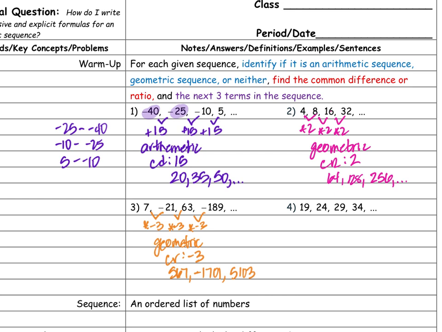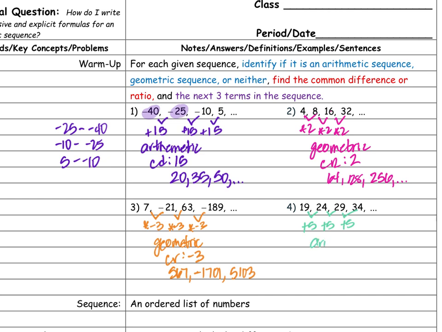And then the last one, what am I doing this time? It looks like they're all the same. So how do I get from 19 to 24, 24 to 29, 29 to 34? Let's see, plus 5, plus 5, plus 5, beautiful.